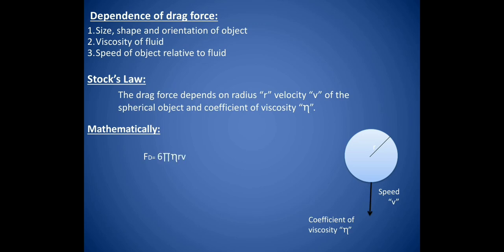Actually, where did it come from? F of D is directly proportional to eta r v, right? When we remove the proportionality sign, we put in a proportionality constant, which we call a.